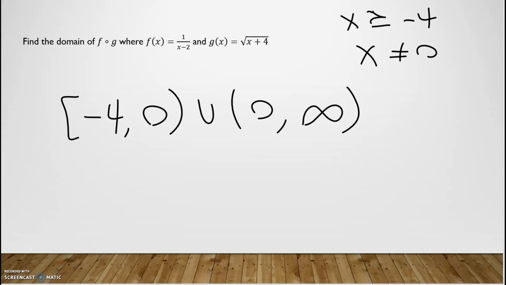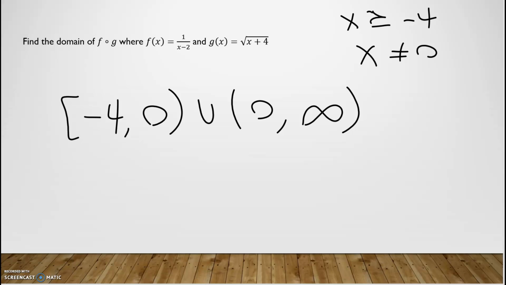So that's saying we can start at -4 and go all the way up to infinity, but we have to skip over 0. So start at -4, go up to 0, skip it, and then all the numbers after 0 will be fine. So this would be the domain for this composition function.